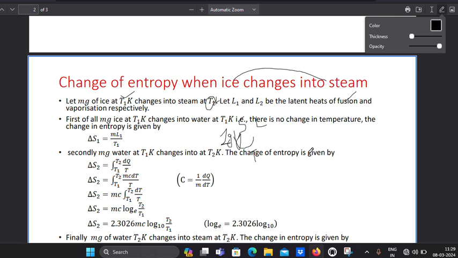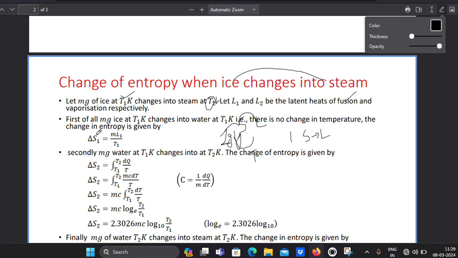Once again, latent heat of fusion is the amount of heat required to change 1 gram of solid into liquid.